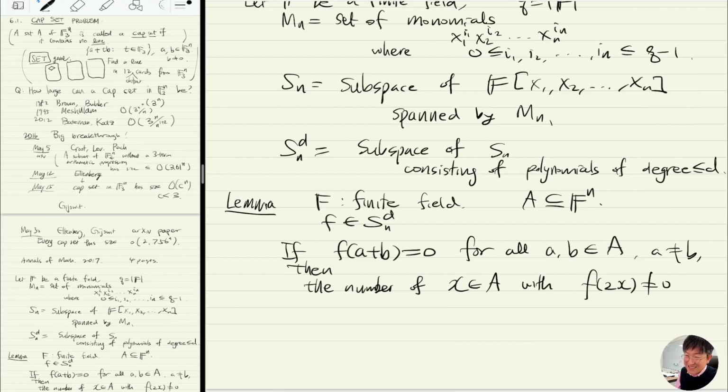So what is twice x? It's x plus x. It's at most this number, twice the number of monomials.